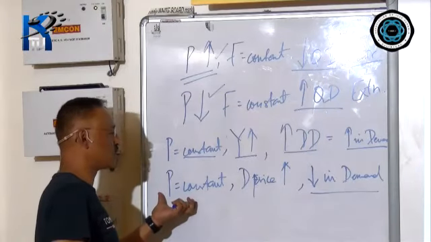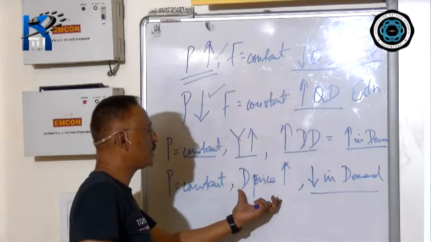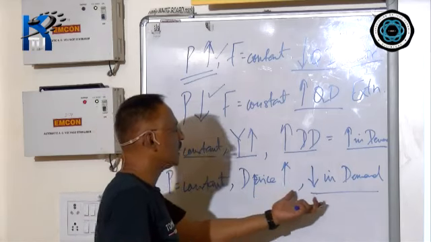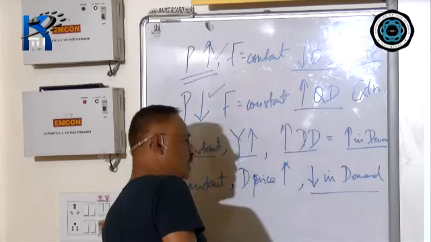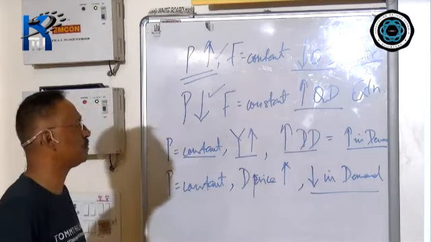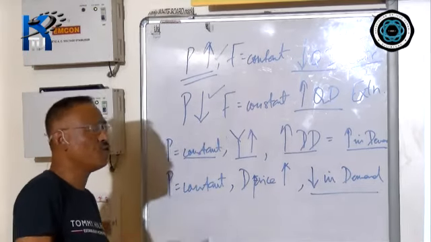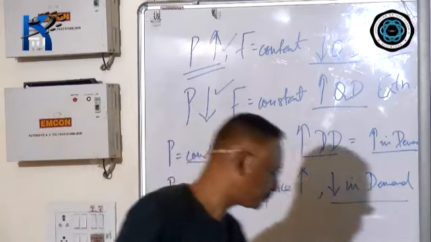Whereas when the price is constant, the diesel price has increased, and the demand for diesel cars has decreased, where will the demand curve shift? It will shift downwards and leftwards. So these are some examples to explain how movement and shift of the demand curve take place.